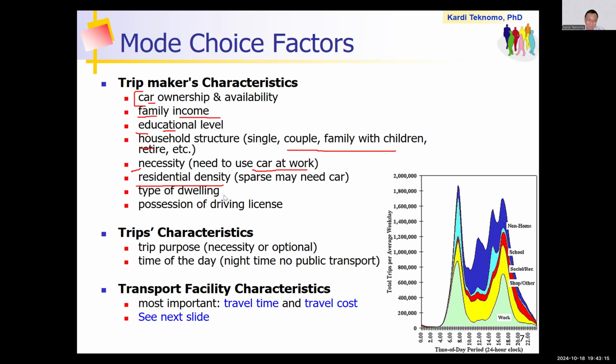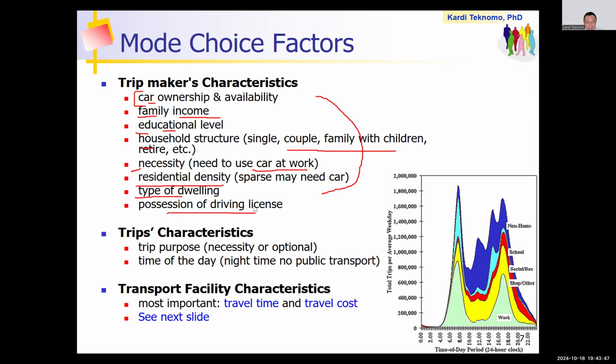Another factor represents the type of dwellings, what type of residential area. A higher or bigger number of rooms usually represents the household structure. If you look at these factors, they are actually not independent. There are certain factors that are actually influenced by other factors.